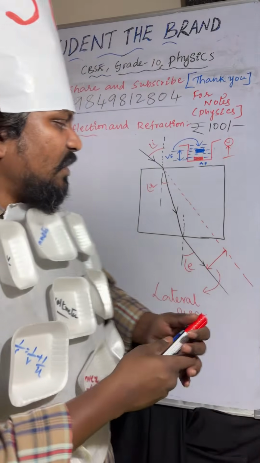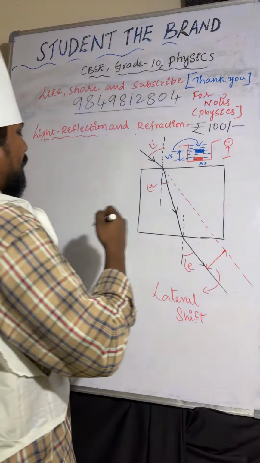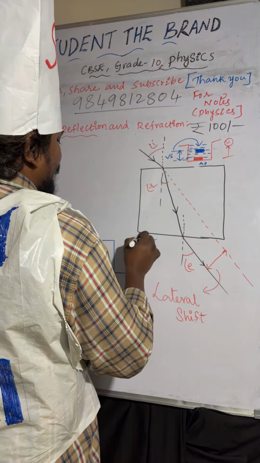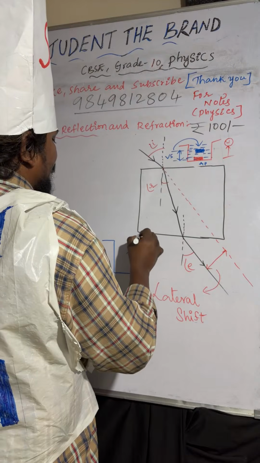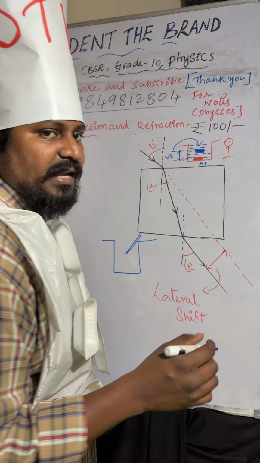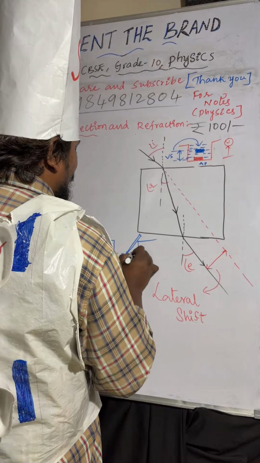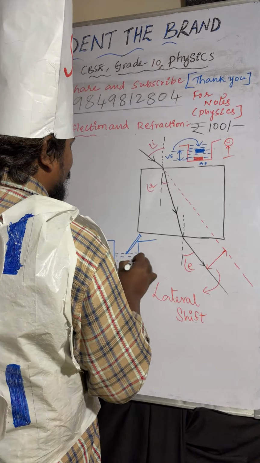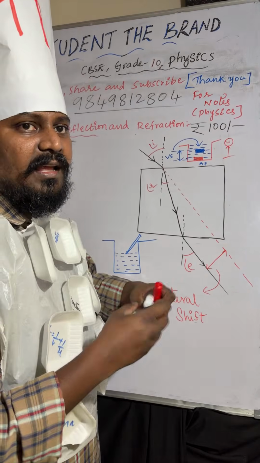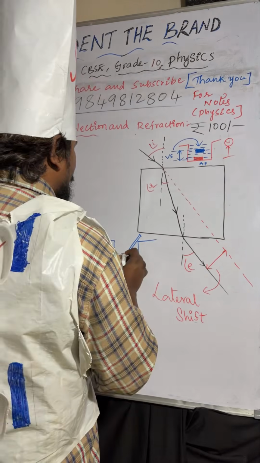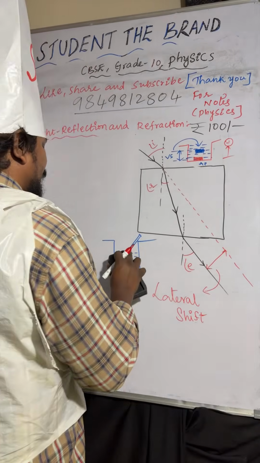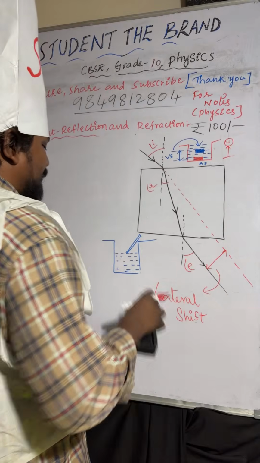Now we are placing the pencil. I'm taking the pencil here like this. At the interface between water and air, at this position, the pencil appears to be bent.